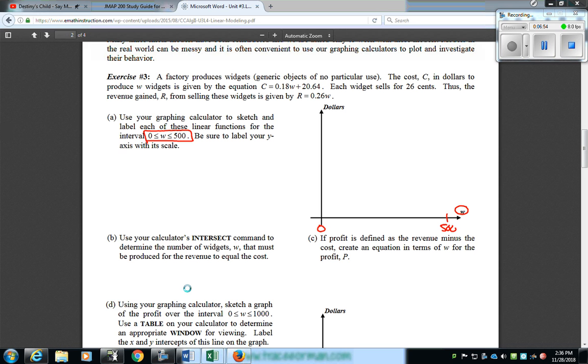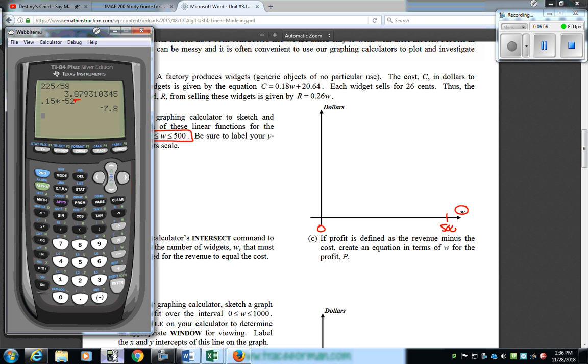But I know it's linear, so I'm going to go ahead and go to y equals. So I'm going to type in that first one. So we got 0.18x plus 20.64. And then I'm going to go to my calculator. I want to get the 0 value first.